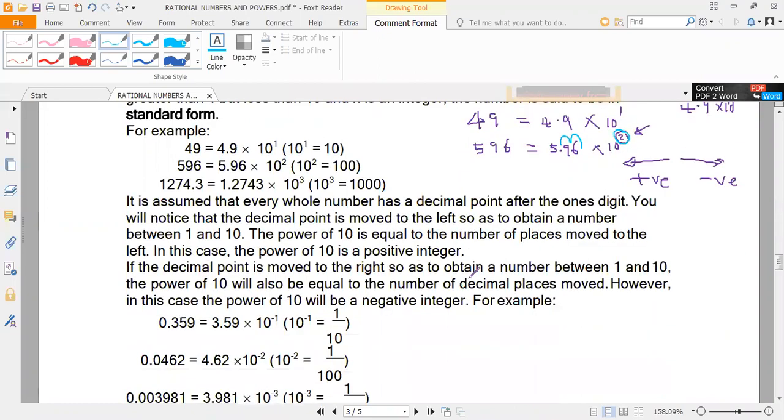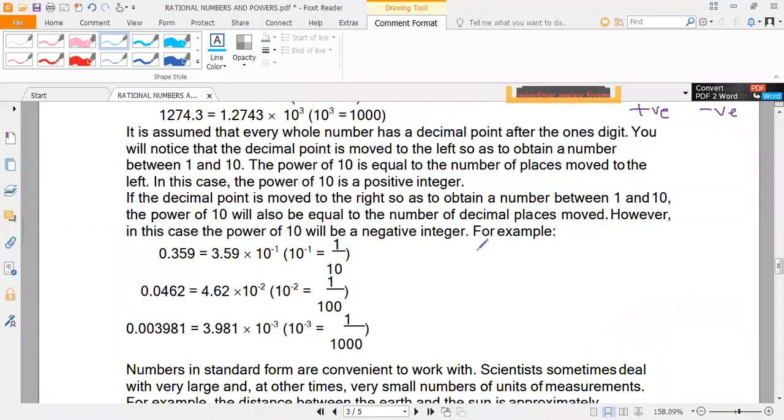Okay, so let's look at some more examples. Like in this case, we have 0.359. We said whenever we are expressing numbers in standard form, the number before the decimal point should be between 1 and 10. So in this case, we can't leave a 0 because 0 is not between 1 and 10.